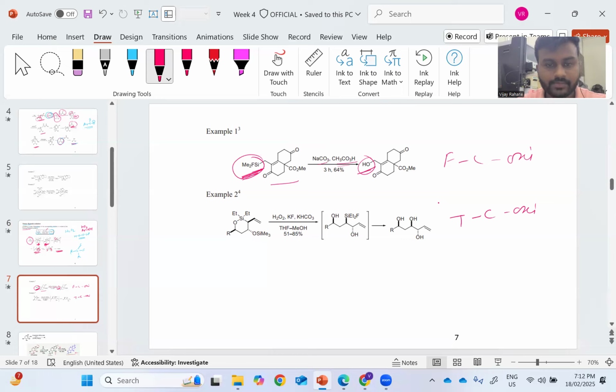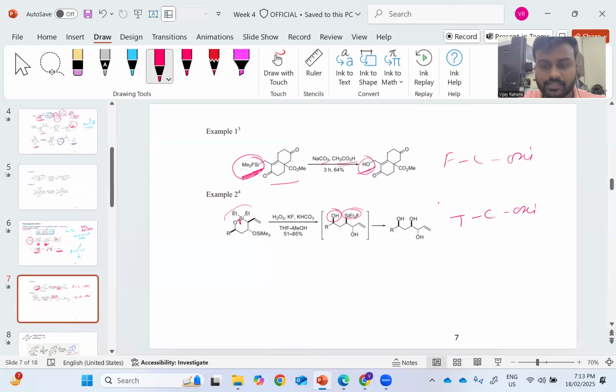Here you can see we have the starting material, which has the Si-O linkage with the ethyl group. And if you use the peroxide, H2O2, KF, and KHCO3 in THF solvent, we get the cleavage of this bond. So we get the alcohol group as well as the O-Si.